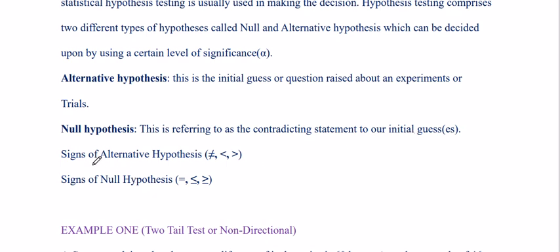The alternative hypothesis comprises these signs. When you are setting the hypothesis, when you see not equal to, it indicates a two-tailed test. The not equal to sign indicates a two-tailed test, while the less than sign indicates a left-tailed test, and the greater than sign a right-tailed test.